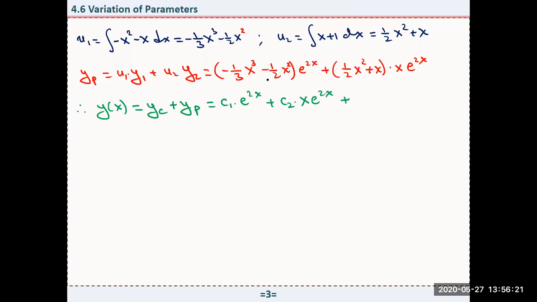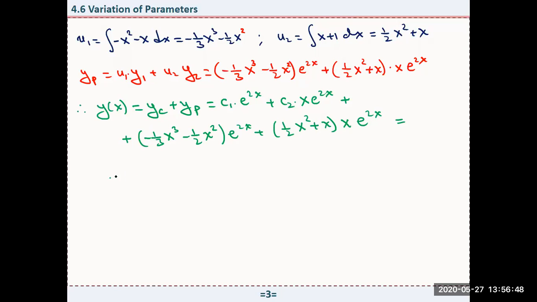Plus, now I need to write this particular solution: minus 1 over 3 x cubed minus 1 over 2 x squared, times e to the power 2x, plus 1 over 2 x squared plus x, times x e to the power 2x.